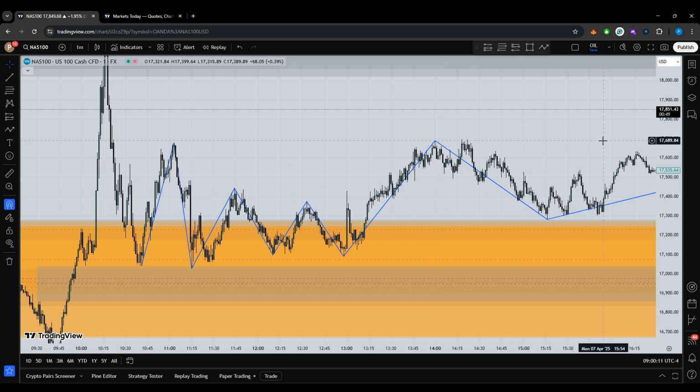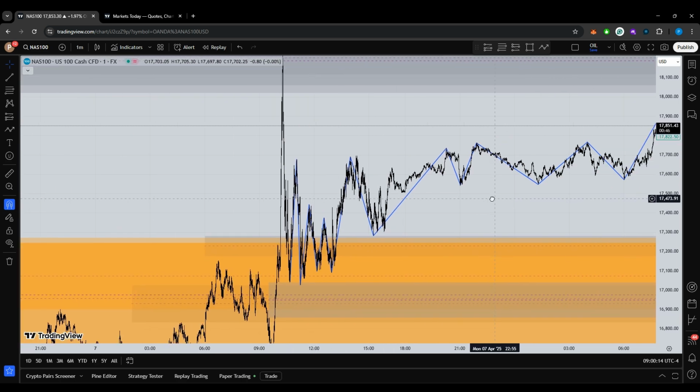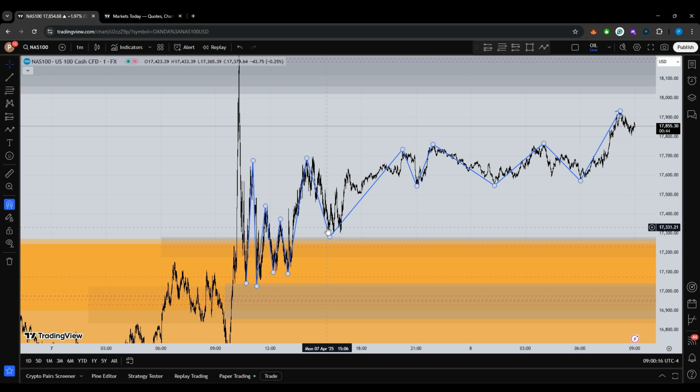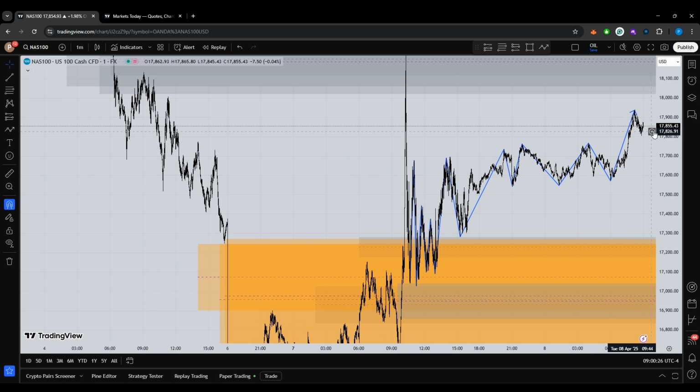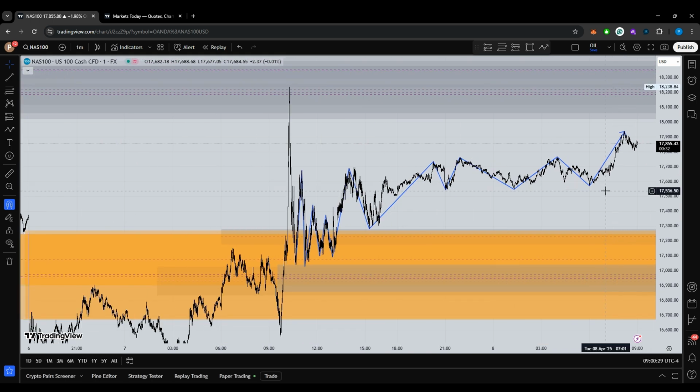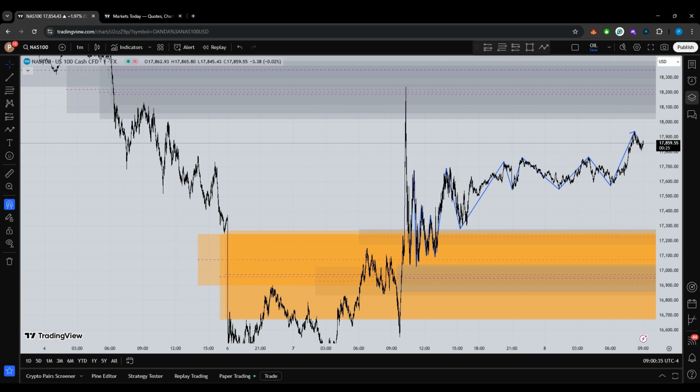Changed the state of delivery, and boom, the rest is history. From this leg to this leg's range, made a new high, then we take this leg to this leg's range, they make a new low, made a new high, made a new high, no new low, made a new high. So we're currently trading bullish price action within this overall bearish move.